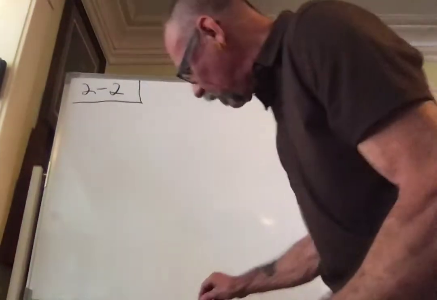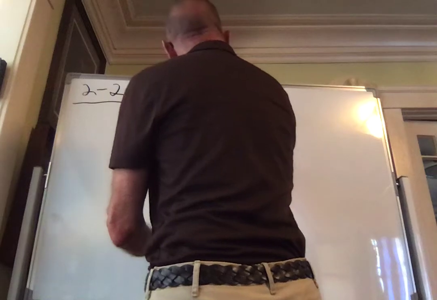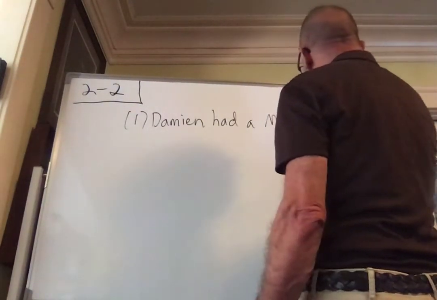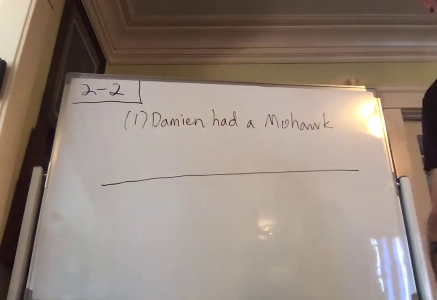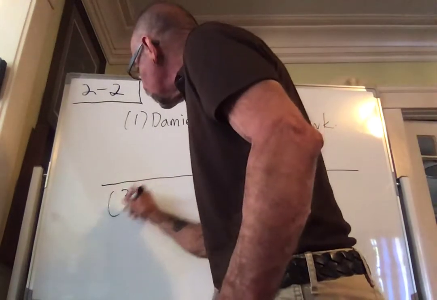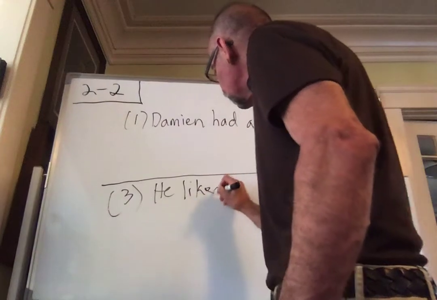So let me start by writing the stated premise on the board. I'm going to leave some blank space that we can fill in with an unstated premise and drop down to the conclusion that he liked them. That is, Damien liked mohawks.